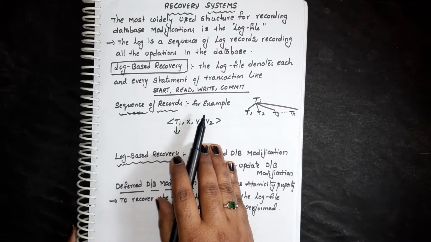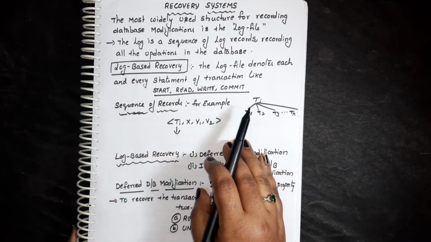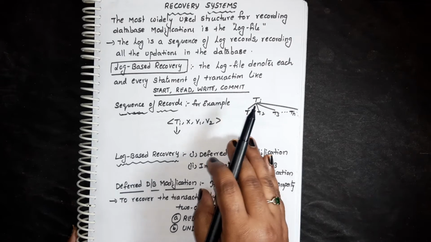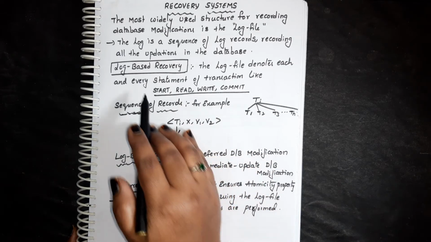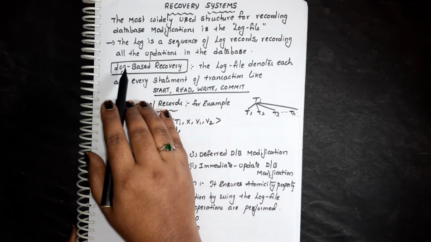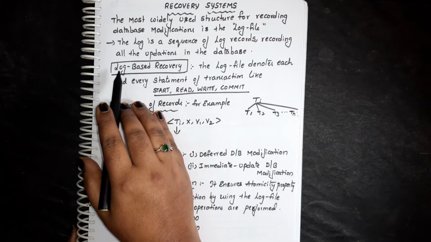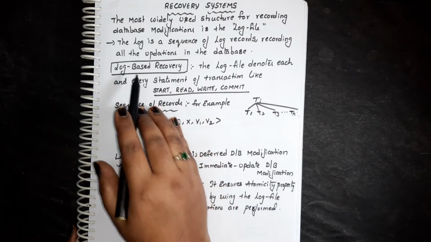So in a recovery system, whenever any transaction fails, the type of recovery used is log based recovery. Log based recovery is nothing but creating a log file.